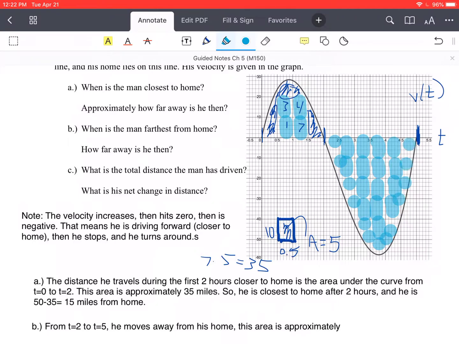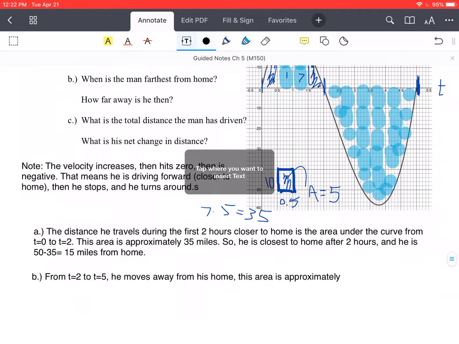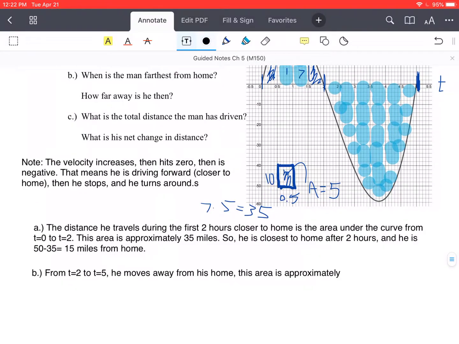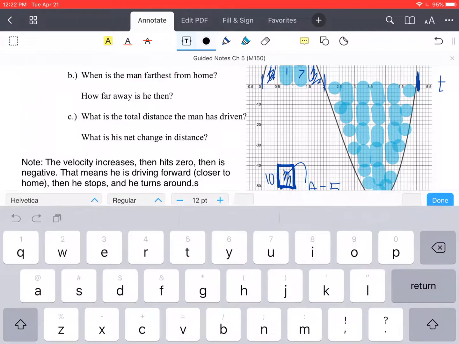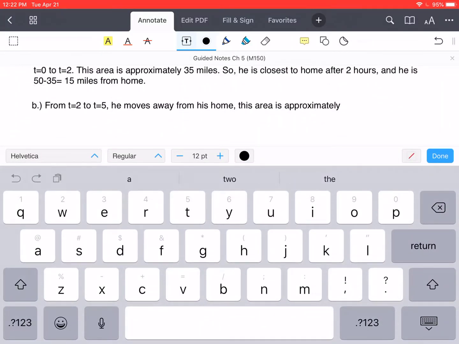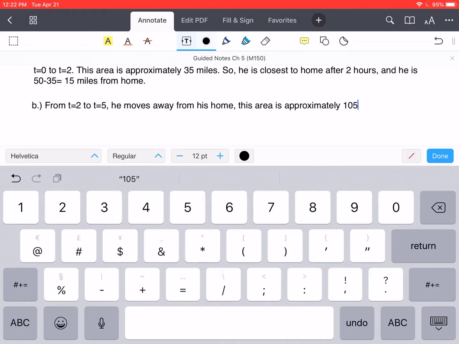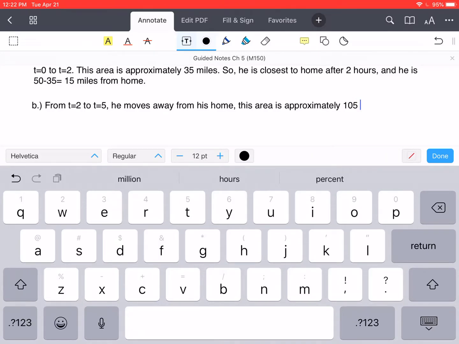You can try to approximate, and you might get a value slightly different than what I get. That's okay because this is truly just approximation. But if you count up and round those boxes, I got approximately 105. So I got about 21 grid boxes in total, so this is approximately 105 miles.